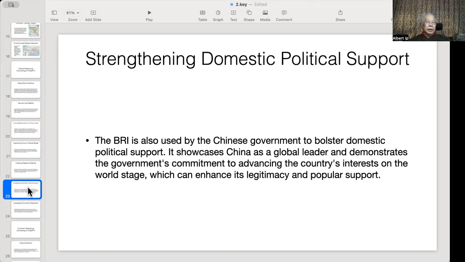And after COVID, that support increased to about 98%. So the Chinese government is enjoying huge support from its citizens. So BRI isn't one of the main reasons. Strengthening domestic political support is not one of the reasons to create the BRI initiative.